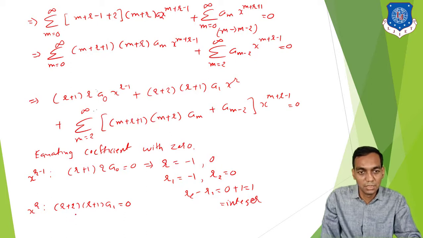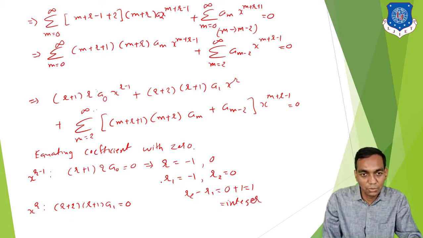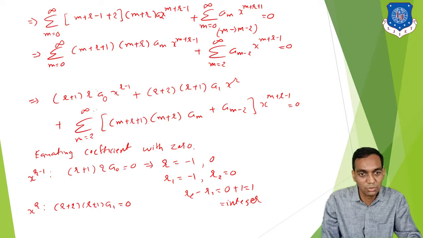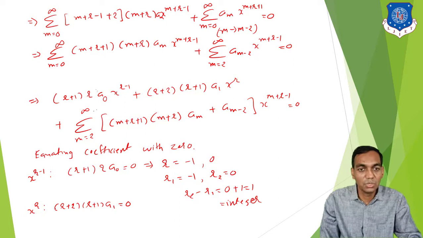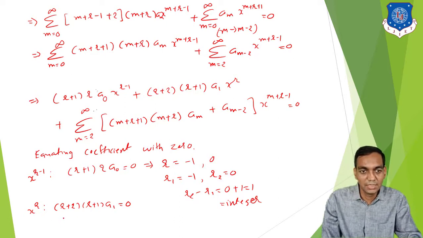Now see, if you put r1 = -1, that means r = -1, then you will have 0 = 0. That means you cannot find the value of a1, correct? So a1 is going to be indeterminate.